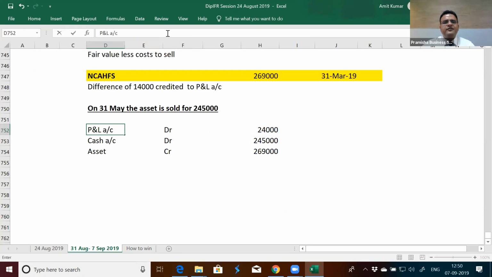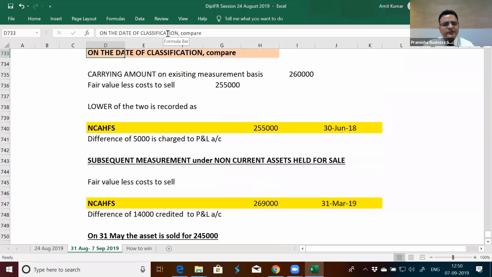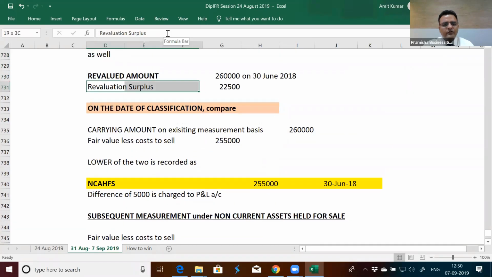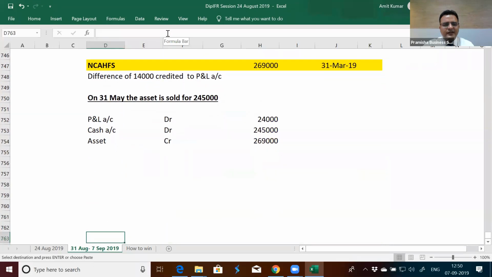Any revaluation surplus relating to this asset is transferred to retained earnings on the date of disposal. The revaluation surplus relating to this asset was worth 22,500. So on the date of sale, we'll also pass this entry.